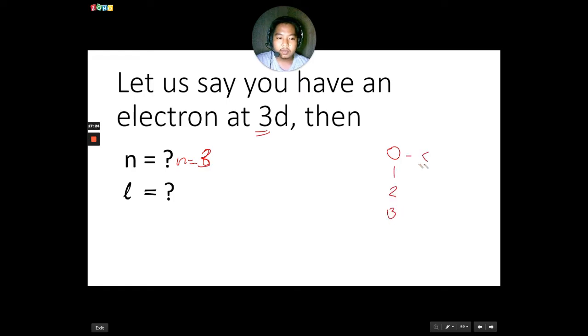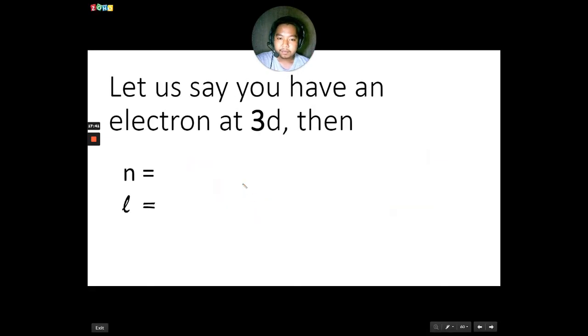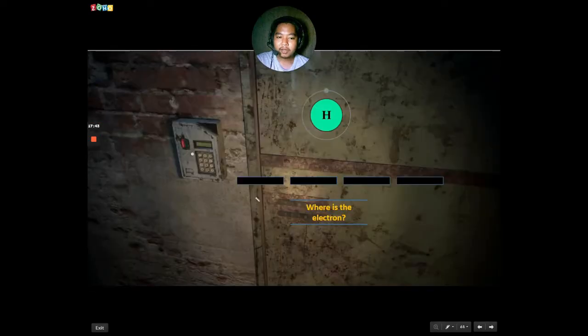This corresponds to letters S, P, D, F. So, D is 2. So, my L is 2. And with that, I can possibly move forward.